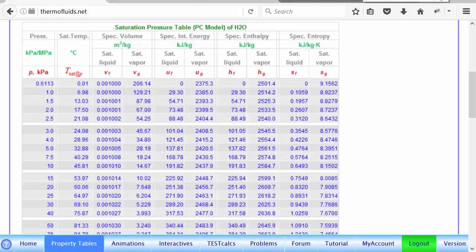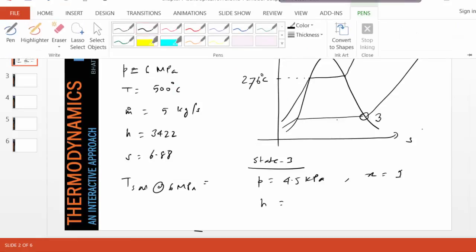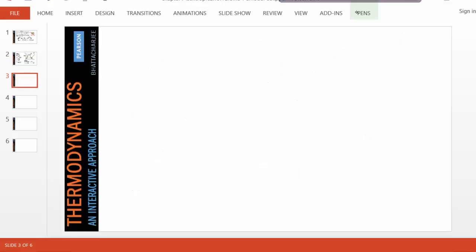So if we eyeball in between, what we get is enthalpy to be, let's say, 2.558 and entropy to be 8.43. Now that we have enthalpies in both states, we can very easily calculate the external work, which is the same as shaft work because there is no boundary work or electrical work.